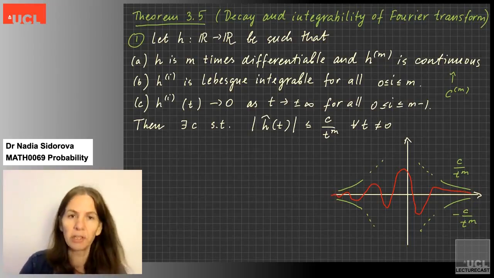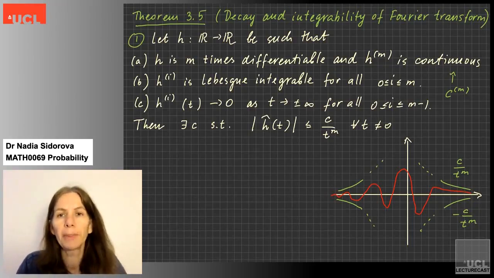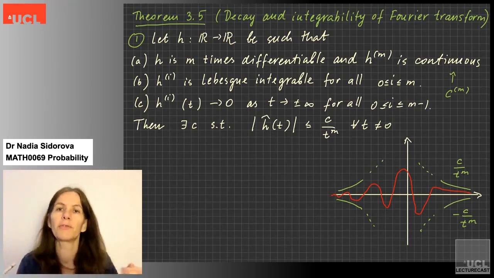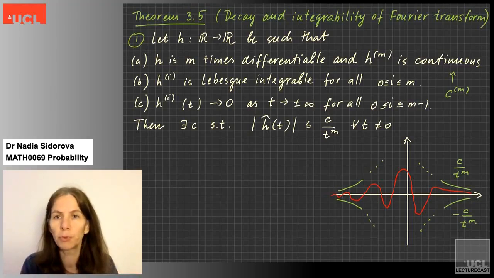So this is the general statement, and you see the idea behind it is that the smoothness of your original function h translates into the decay of the Fourier transform at the ends. So the more smooth your function h is, the faster your Fourier transform will decay. Okay.